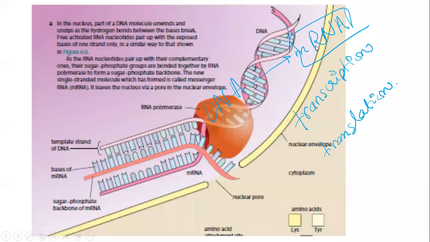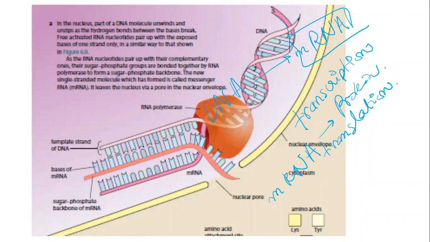Then your messenger RNA is read by the ribosomes, and after reading it, they end up giving you your protein chain. That is translation. When messenger RNA is read and a protein chain is made, that is known as translation.